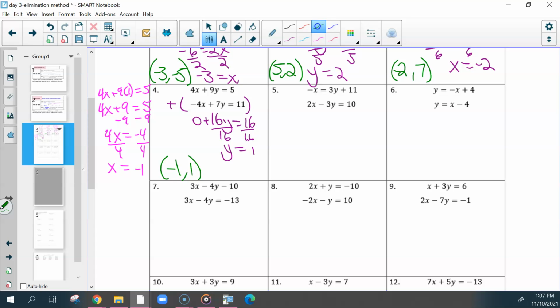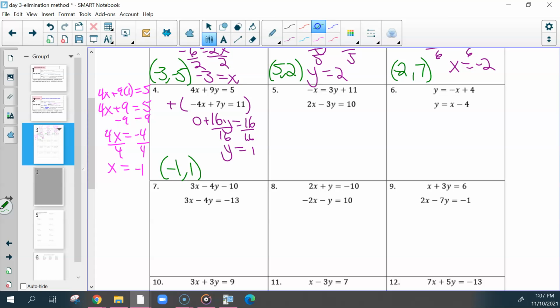So far, do we have any questions? For number 5, these are not lined up. In the sense they are because the x's are on top of the x's and y's are on top of the y's. But the equal sign is not, those aren't lined up. So you have one or two options.